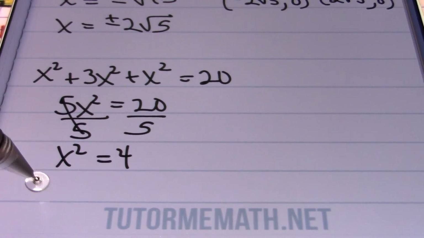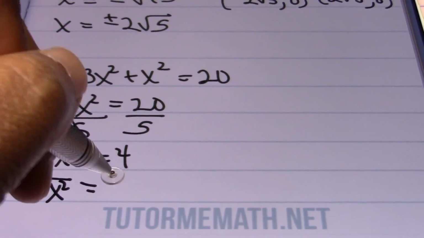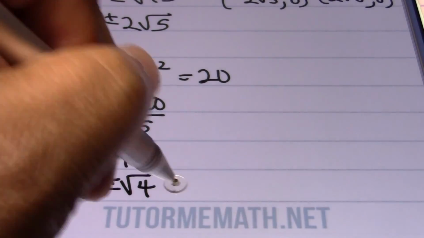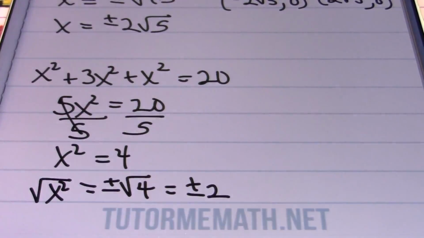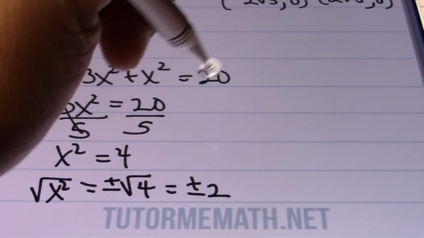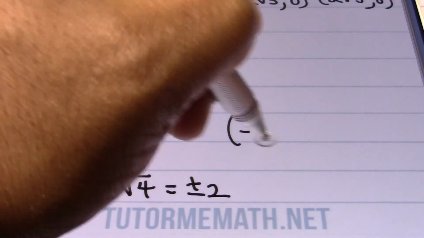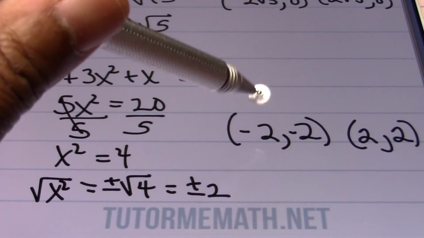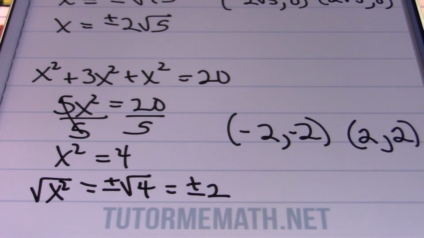Using the square root property, x equals plus or minus the square root of 4, which simplifies to plus or minus 2. That means our points of intersection would be negative 2, negative 2, as well as 2, 2, recalling that y has to equal x. So that means that we'll be testing these 4 potential points of intersection in our original system.